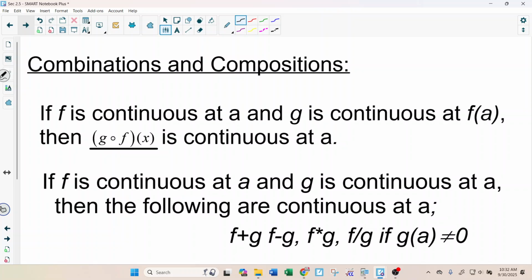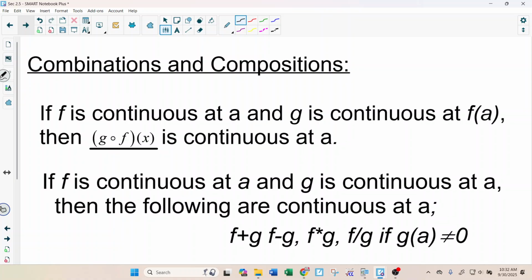This, just so you know, we're not going to have to do much with this. If you take any composition, combine functions, add, subtract, multiply, divide functions, take f of g of x and you combine them in any way, if the functions you started with are both continuous, when you combine them together, your new function is also continuous.